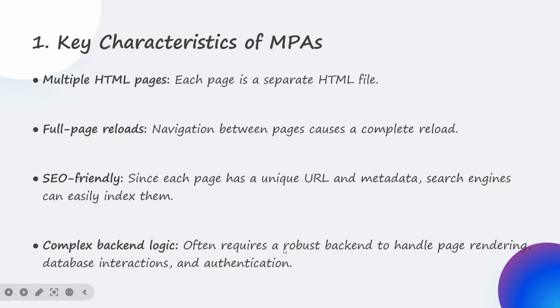So they often require a robust backend to handle page rendering, database interaction, and authentication. So basically, we use frameworks like ASP.NET, Java Spring Boot, Laravel, Django. These are frameworks you use to build multi-page applications.